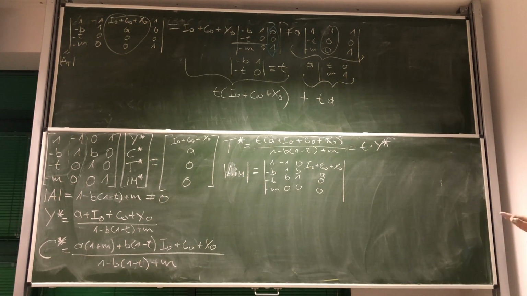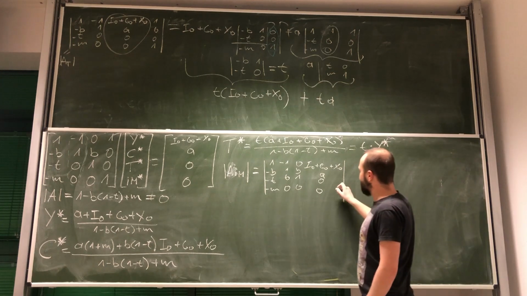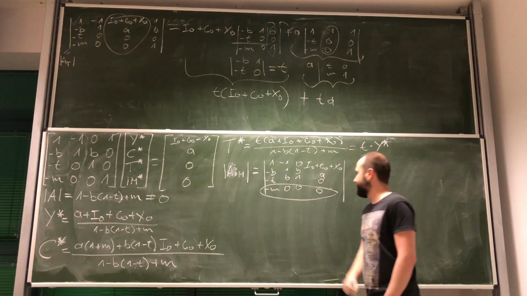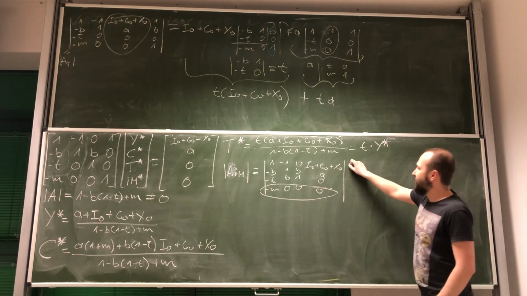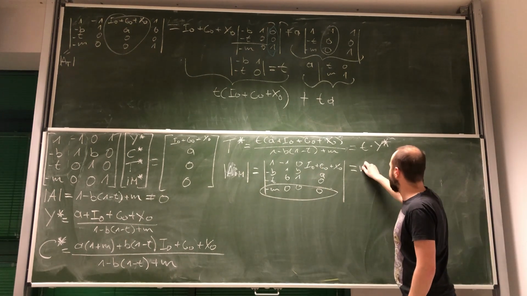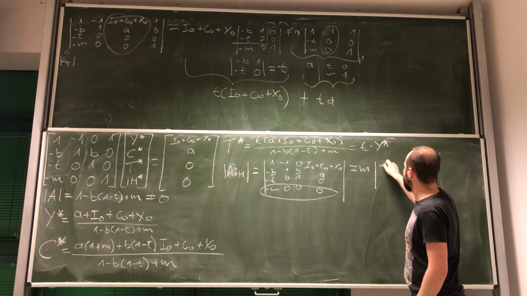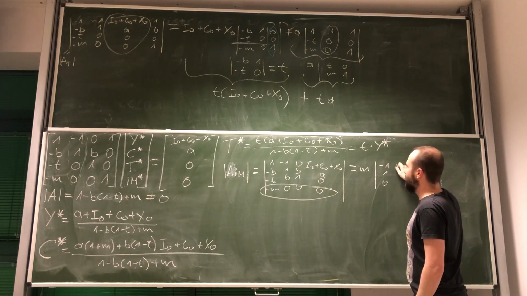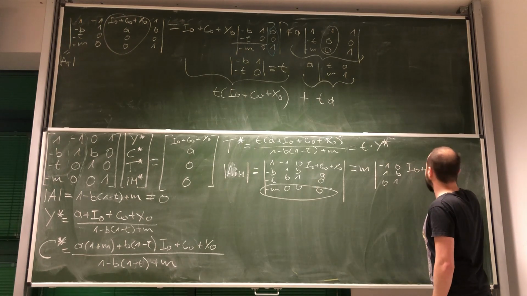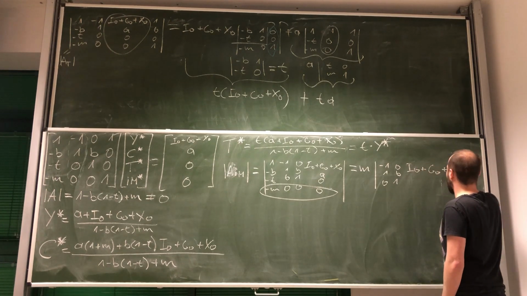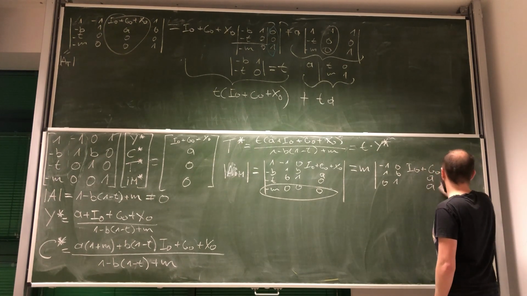And look, this gives us right away that this is the best row to expand, and out of that we get that this is M times negative 1, 1, 0, 0, B, 1, I0 plus G0 plus X0, A0.